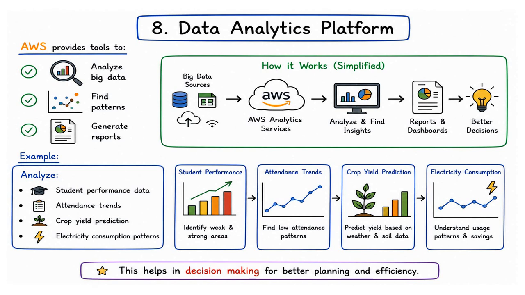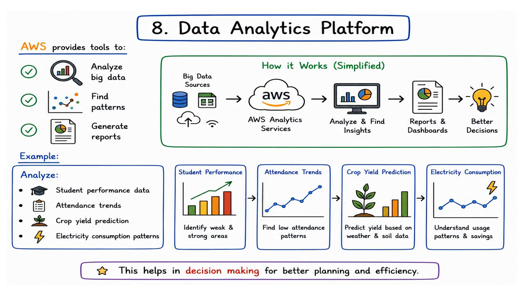Now AWS provides tools to analyze big data, where big data refers to extremely large amounts of information that normal systems cannot process easily. AWS provides cloud-based tools to process millions of records, large data sets and real-time information. This helps organizations understand the trends, improve the services and make predictions.